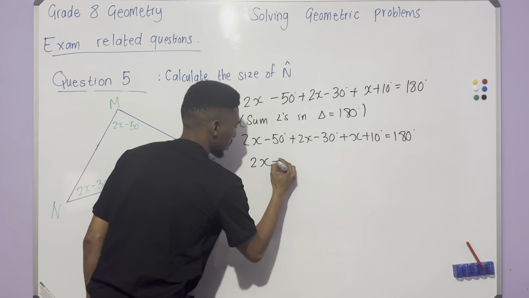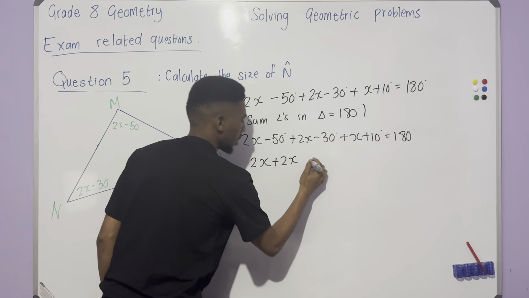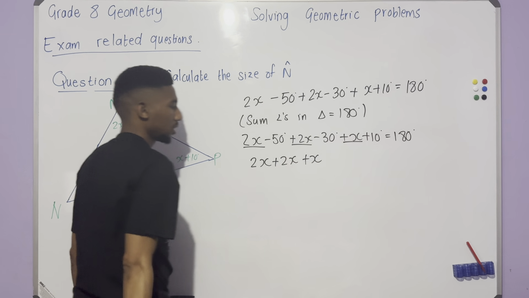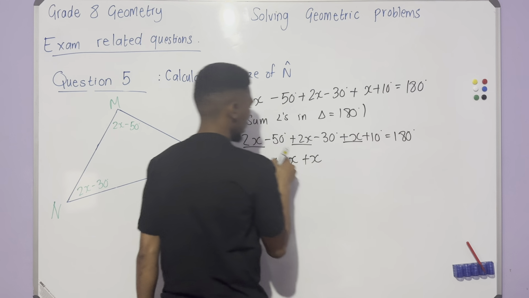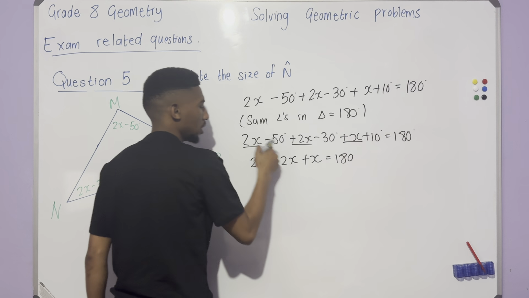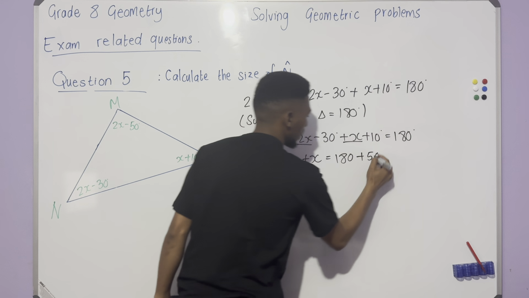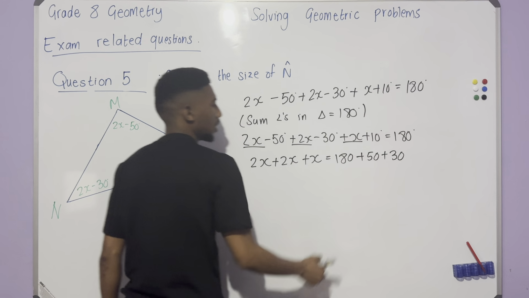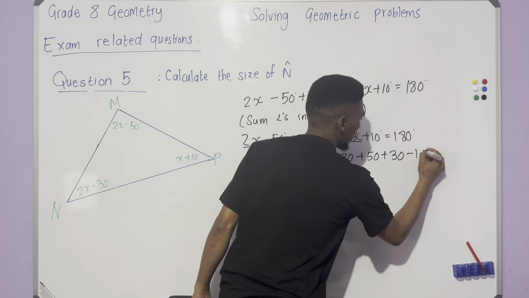So we have 2x plus 2x plus x, all the x's, then minus 50 on that side, which is 180. Now it becomes a plus 50, a minus 30 becomes a plus 30, a plus 10 becomes a minus 10.